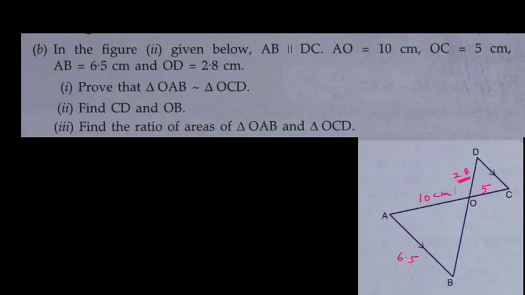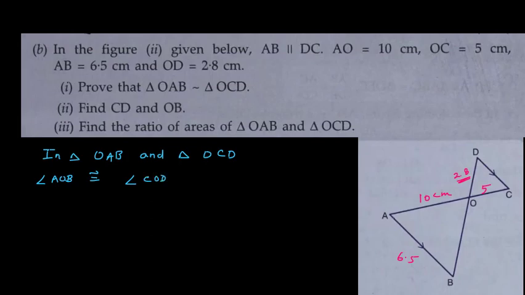First you have to prove that triangle OAB is similar to OCD. So here I will say that in triangle OAB and OCD, now this OAB and OCD, if you take, you will find that angle O, that is angle AOB, you can say that it is congruent to angle COD.